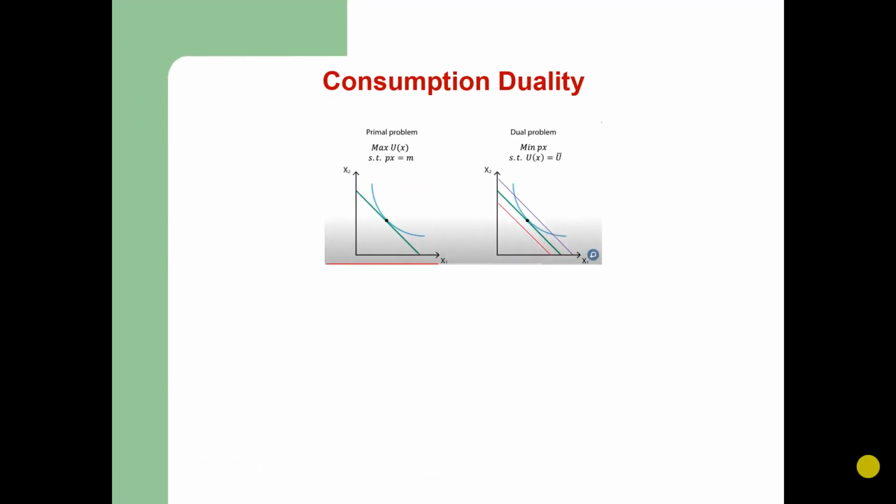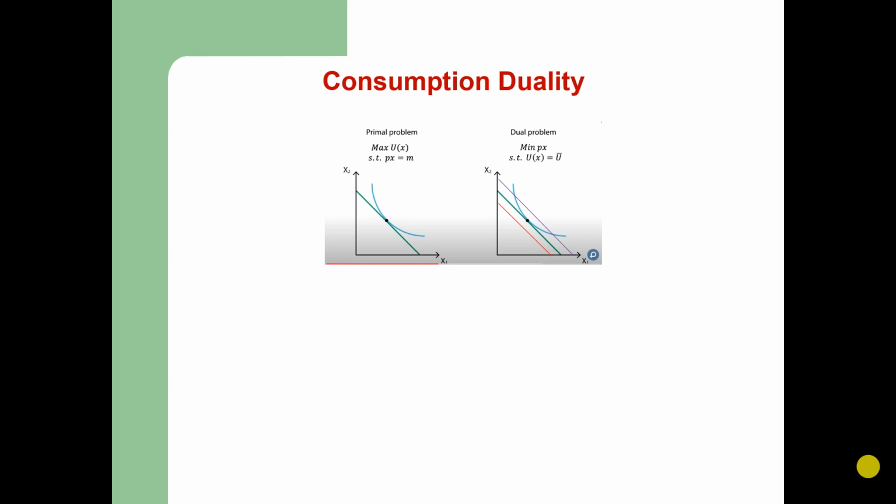So let me start with the consumption duality. As background information, we can say that an individual consumption decision has a dual nature, just like the firm's production duality. So consumption duality has two sides.